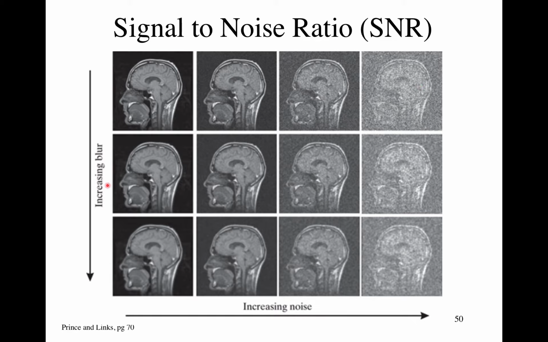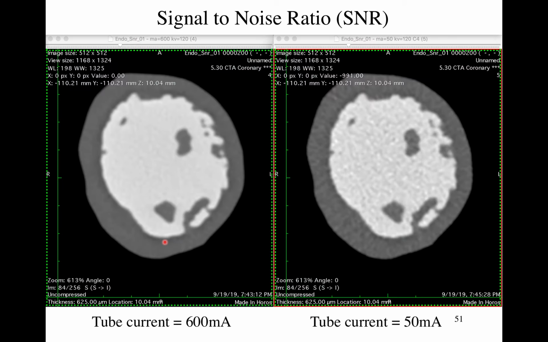As we blur the image, or we can pass, say, a convolution filter across the image, or we can blur it with averaging, say, 4 pixels in a group together and move that across the image, you will increase the signal to noise, but you'll reduce your spatial resolution as you blur.